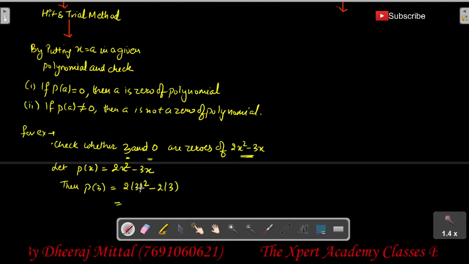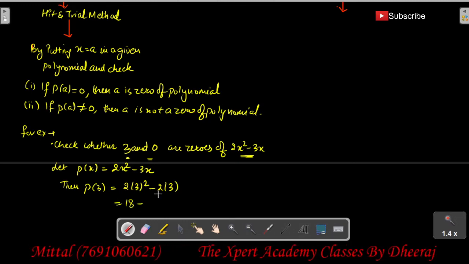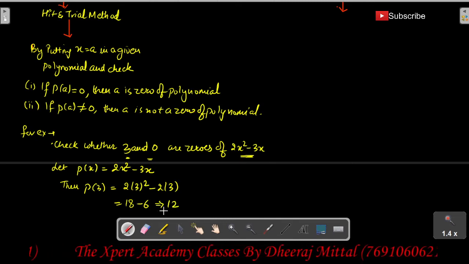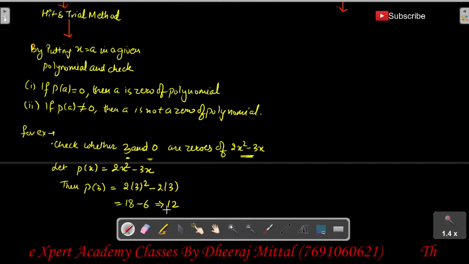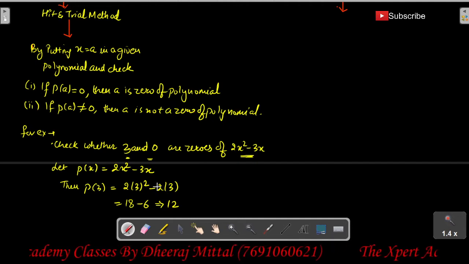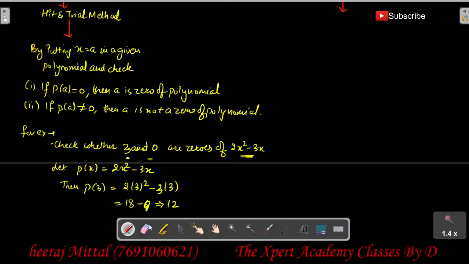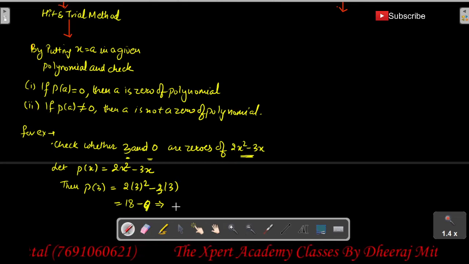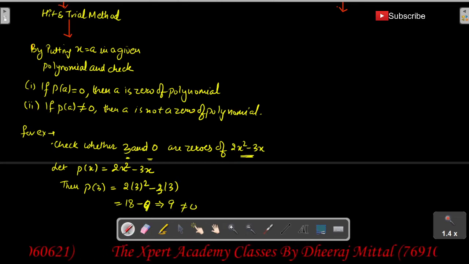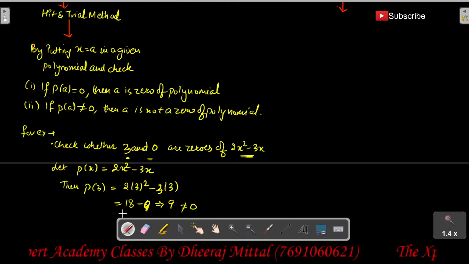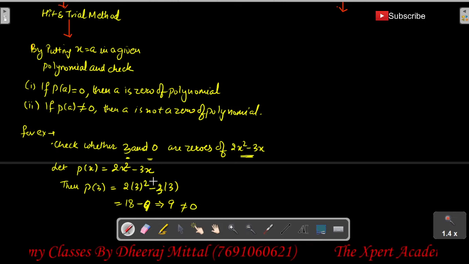So it will be 2 into 9, that is 18, minus 3 into 3, that is 9. So it will come 9, which is not equal to 0. So it is not a zero of the polynomial.